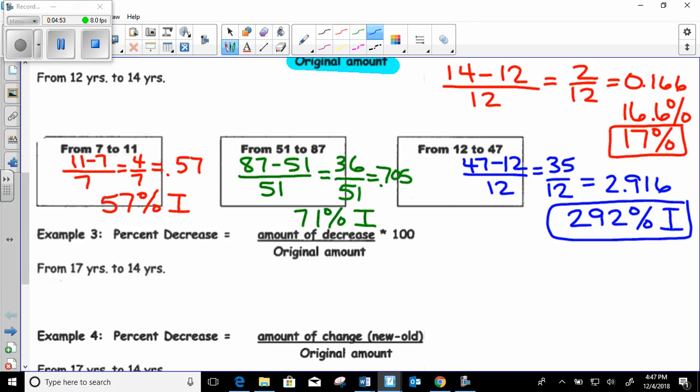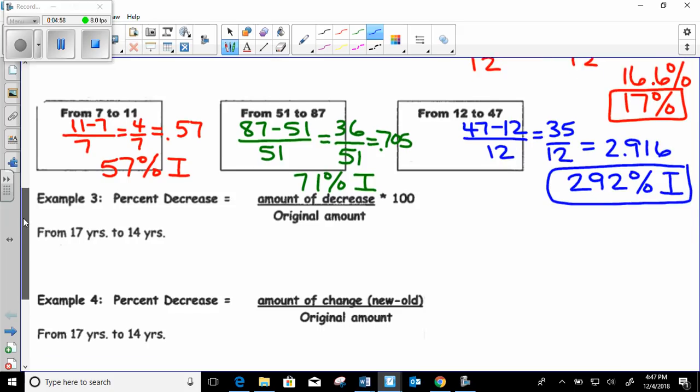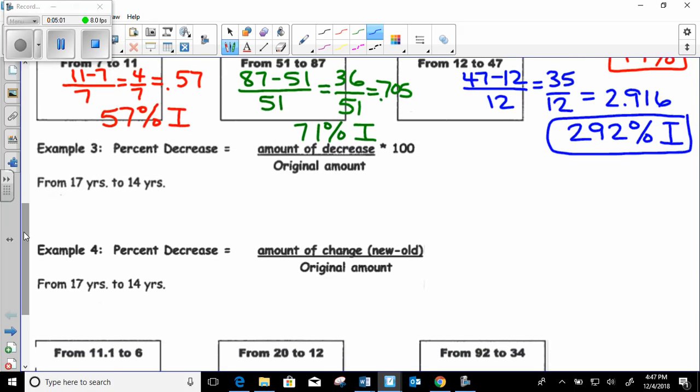Okay. Example 3. I'm going to still use the same formula, new minus old over old. So new, which is 14, minus the old, which is 17. You know it's a decrease because you're getting a negative number, over the old, which is 17.